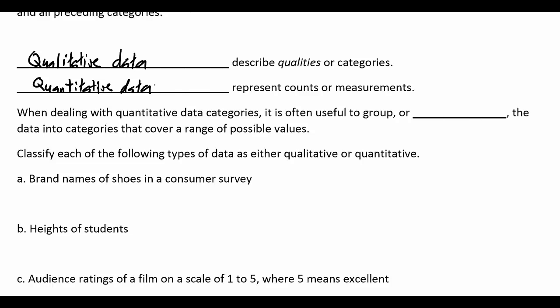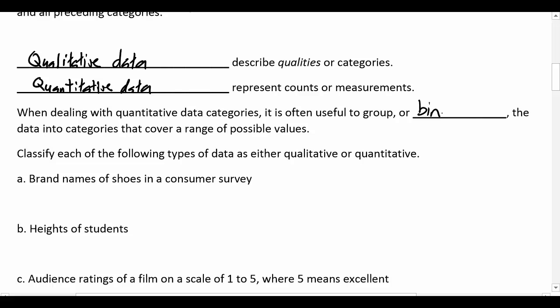When dealing with quantitative data categories, it's often useful to group, or use the word bin, the data into categories that cover the range of possible values. So you'll hear different categories referred to as a bin of the data.